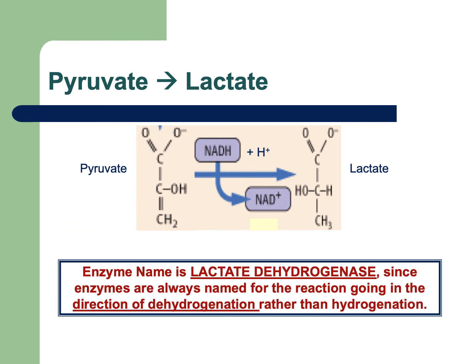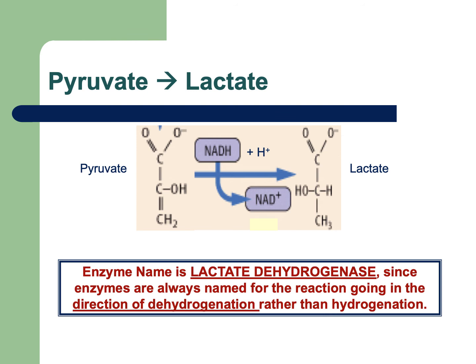The actual enzyme name for this reaction is lactate dehydrogenase, since enzymes are always named for the reaction going in the direction of dehydrogenation rather than hydrogenation. This is just one of those naming rules that you'll have to remember.